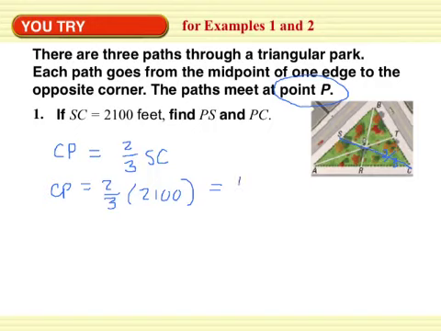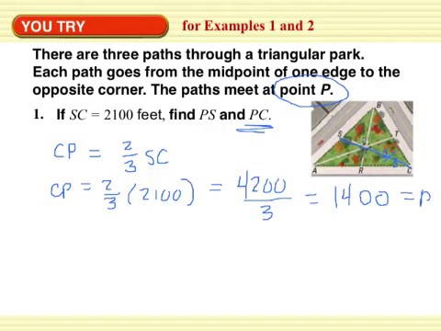2 times 2,100 is 4,200. Divide by 3. 3 goes into 4 one time. 3 goes into 12, 4. All right. So, sorry, I said CP.